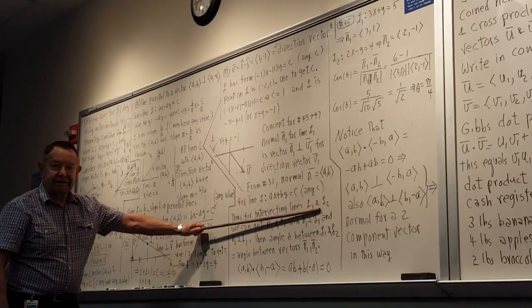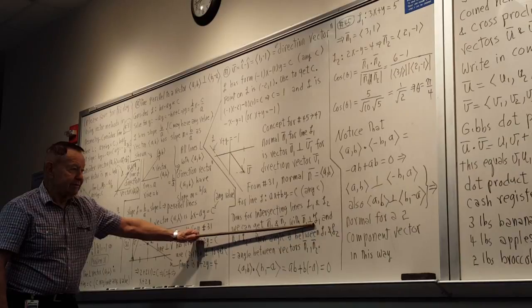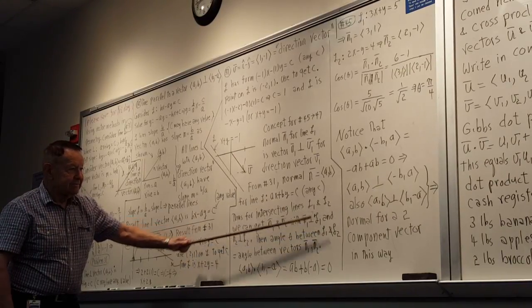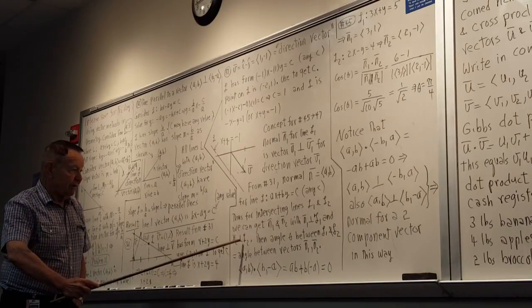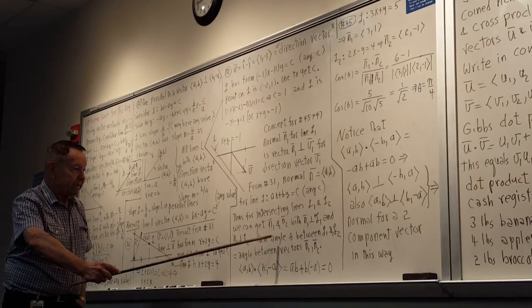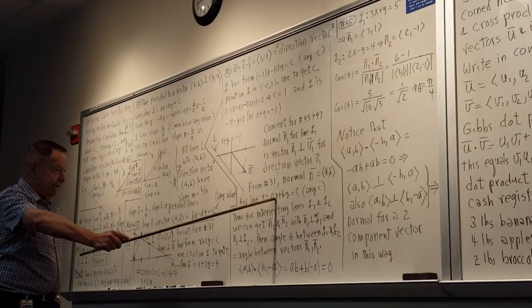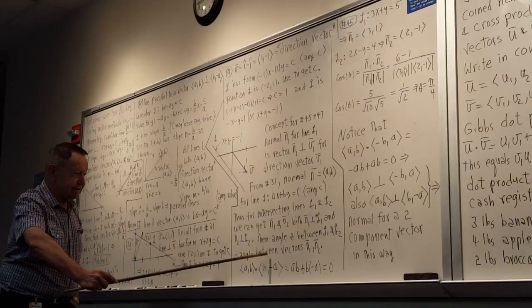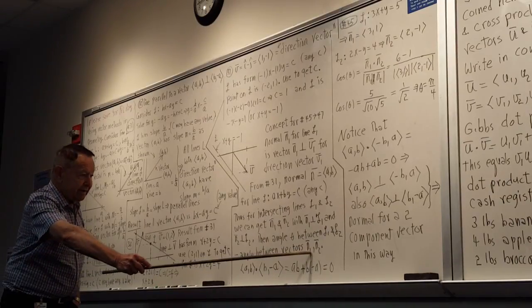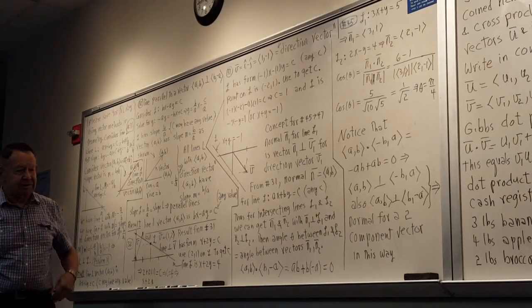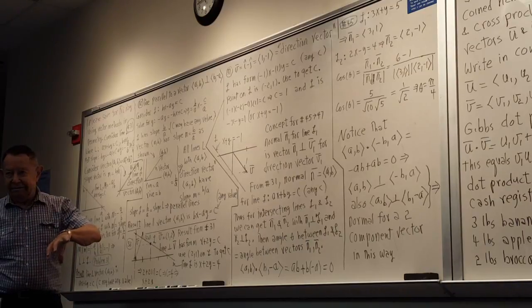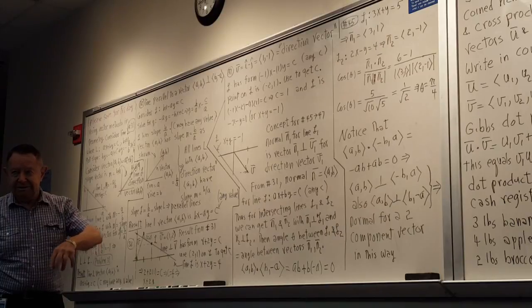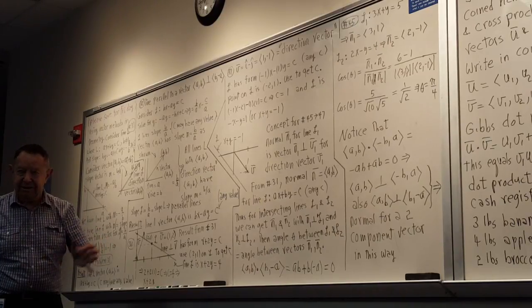So if you have intersecting lines, L1 and L2, you can get the normals for each one using this idea, and then the angle between the lines is the same as the angle between their normals, because all that you've done with the angle between the lines is add 90 degrees, and then you have the normal.